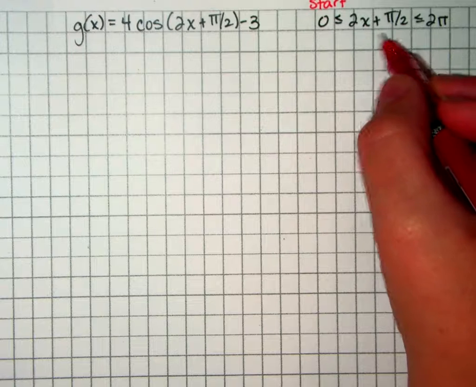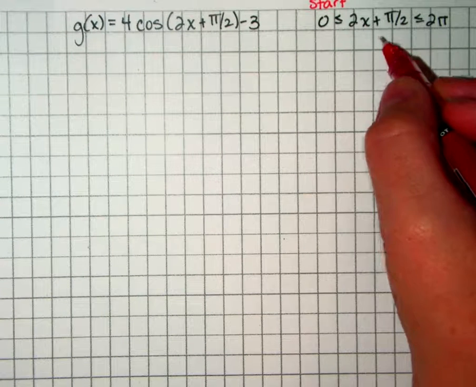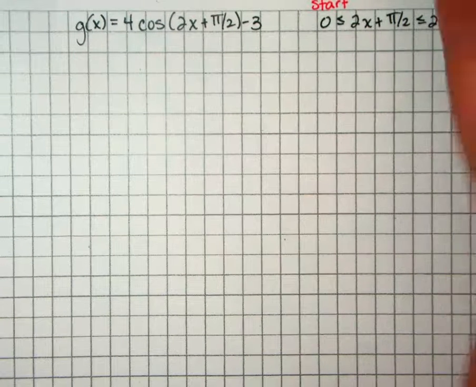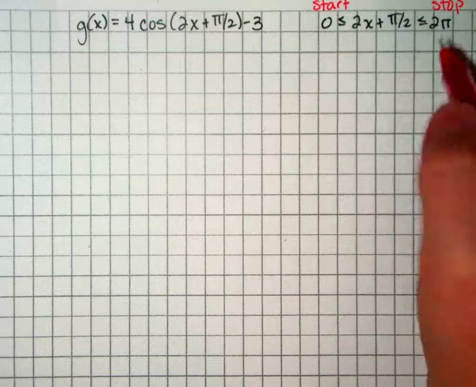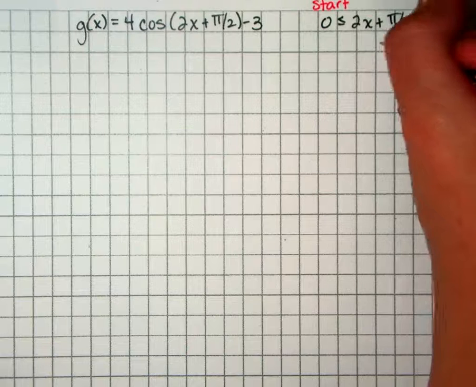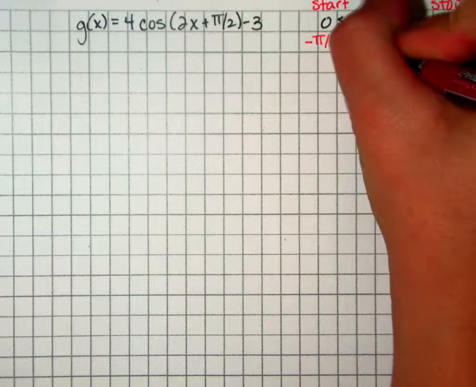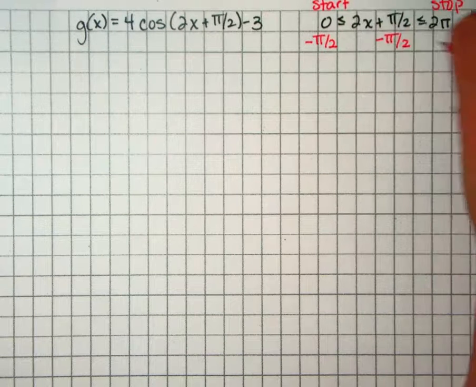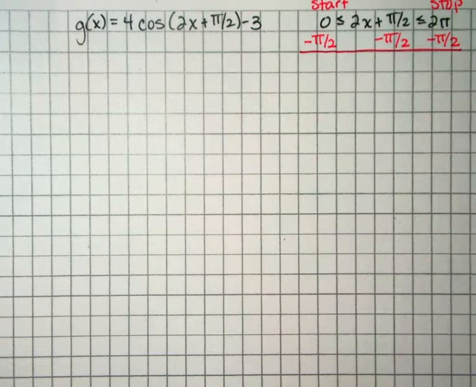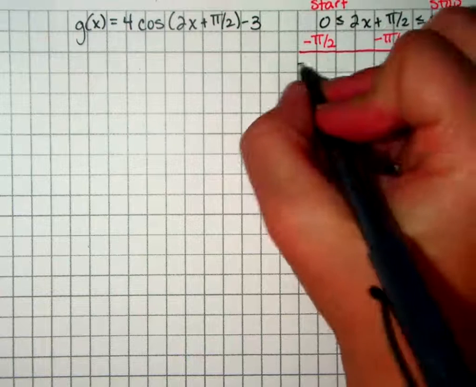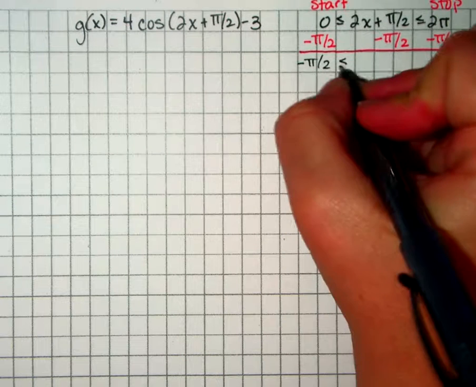That pretty much gives me everything I have to do for every single coordinate. So this is my original start and stop. If I first subtract pi over 2, then I get this new set of values.